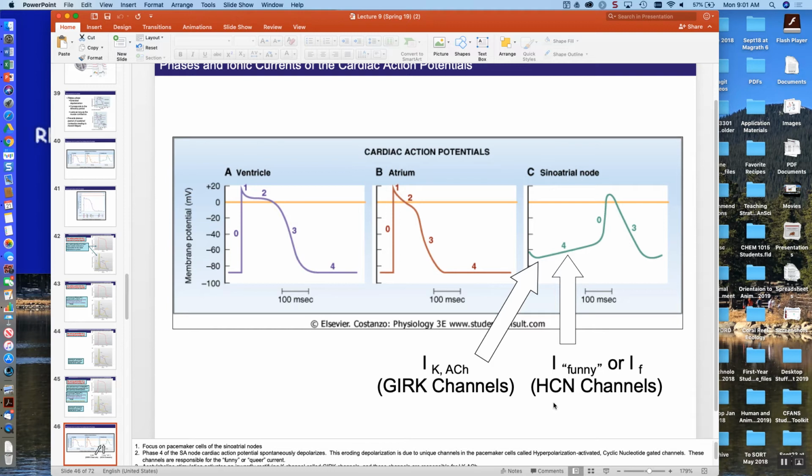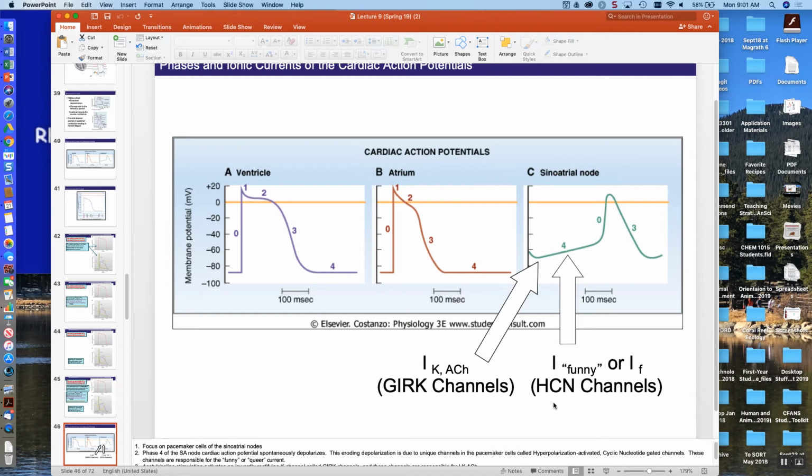HCN stands for hyperpolarization-activated cyclic nucleotide-gated channel. They don't activate until the membrane is hyperpolarized. The cyclic nucleotide it's gated by is cyclic AMP.